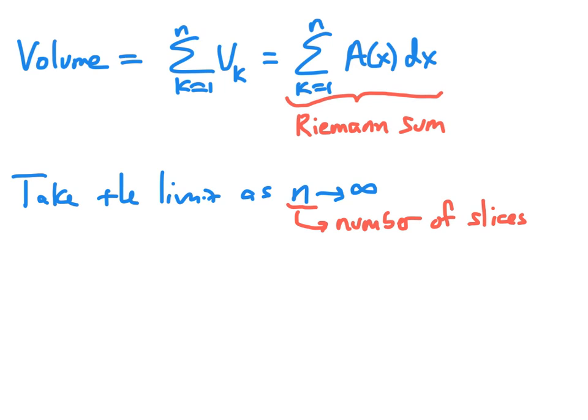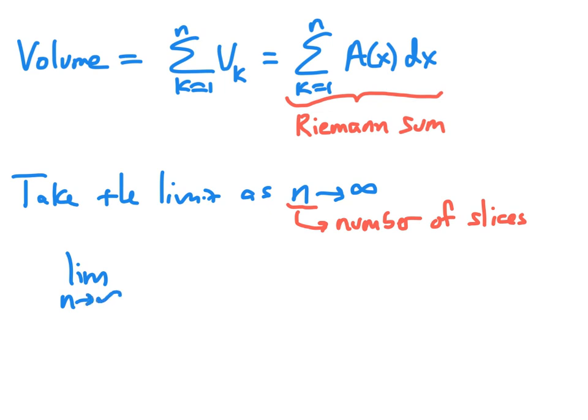And if we actually compute the limit, then what we're going to get is an exact value for the area of each of those slices, and therefore an exact value for our volume. And so we're going to take the limit of this particular Riemann sum.